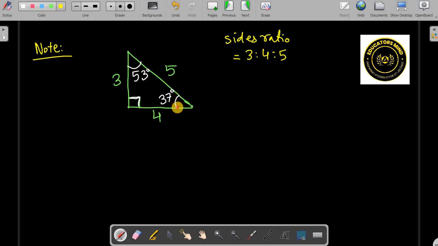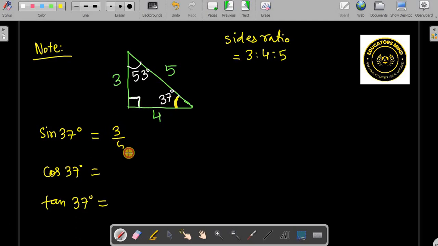For example, if this is the angle theta, 37 degree, you can write sine 37 degree, cos 37 degree, and tan 37 degree. Sine is opposite by hypotenuse, cos is adjacent by hypotenuse, tan is opposite by adjacent. So everything can be calculated.